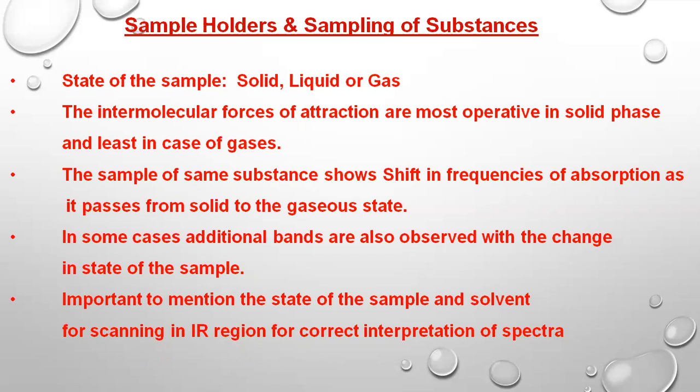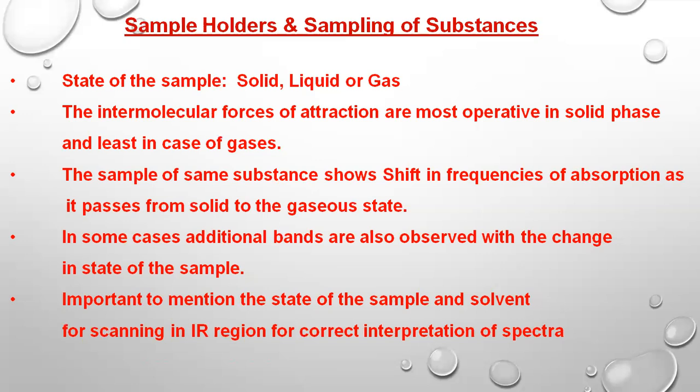Always the medium or the solvent or the background used for the IR spectrophotometer should be IR transparent or low absorbing. The sample of some substances shows a shift in frequencies of absorption as it passes from solid to gaseous state because of intermolecular forces of attraction.